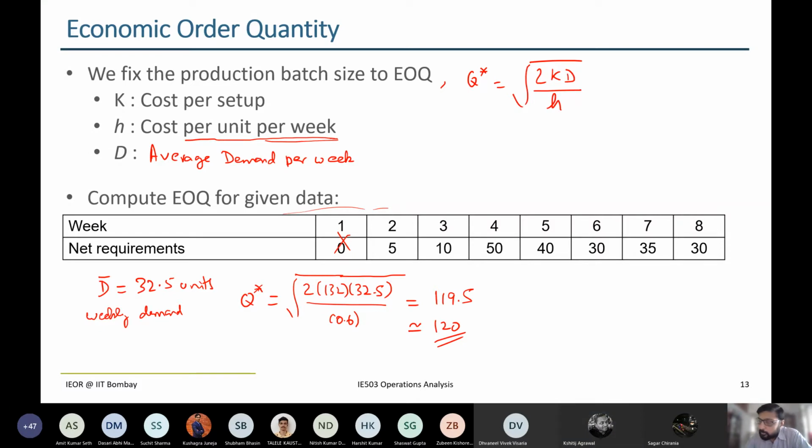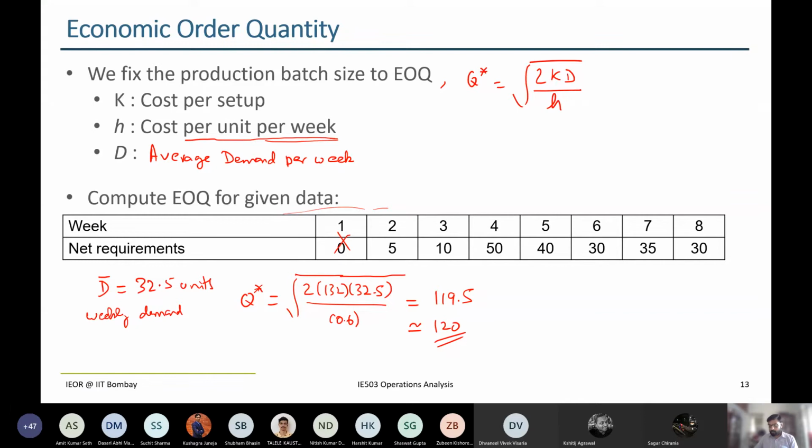Did I make a mistake in this average computation? 50, 60. Let me just quickly check it. 50, 60, 70. Oops.